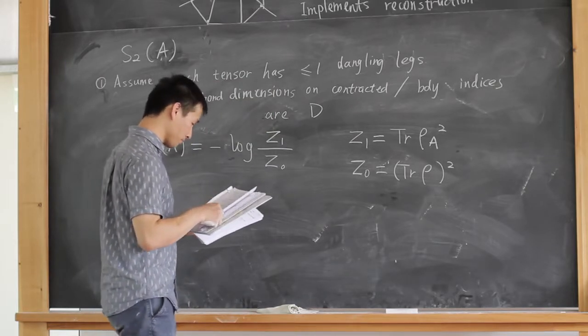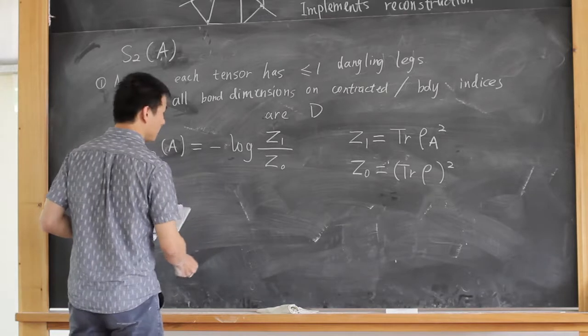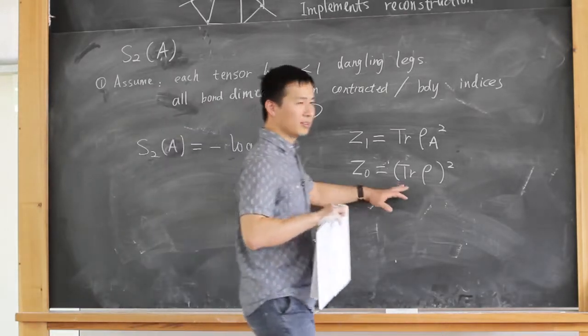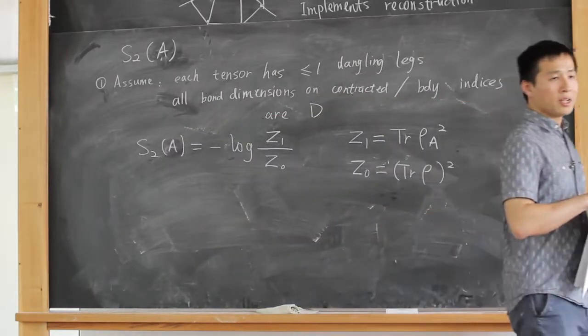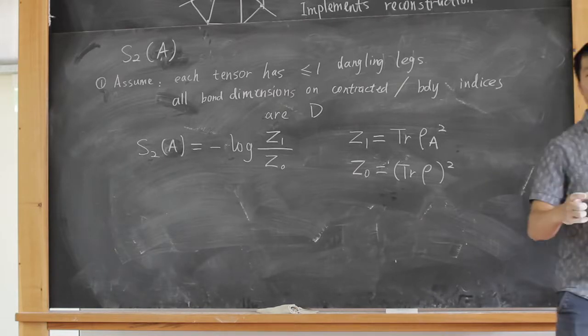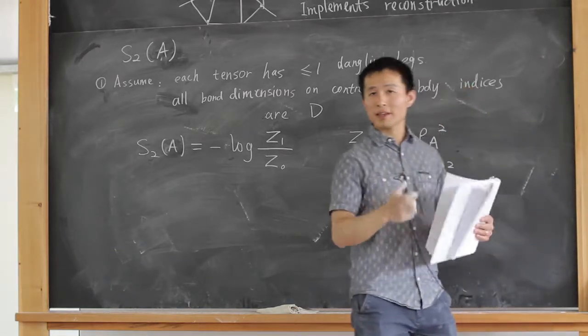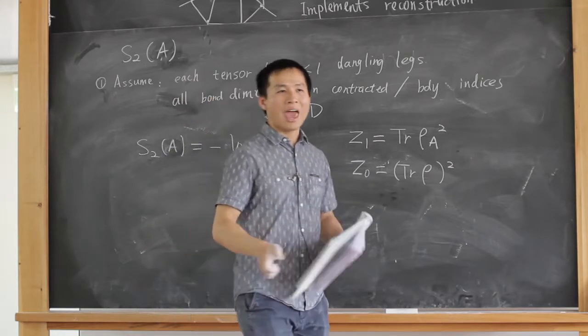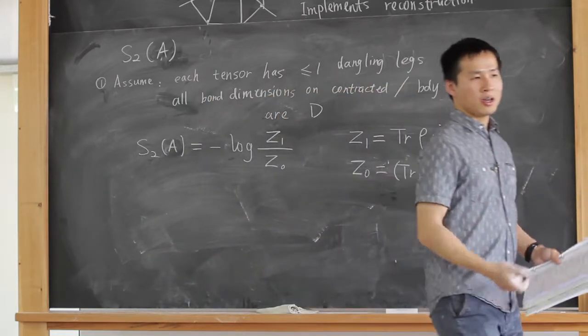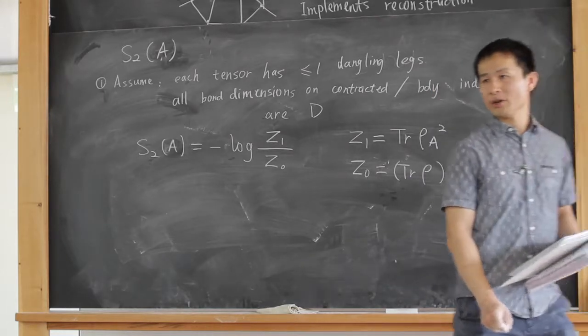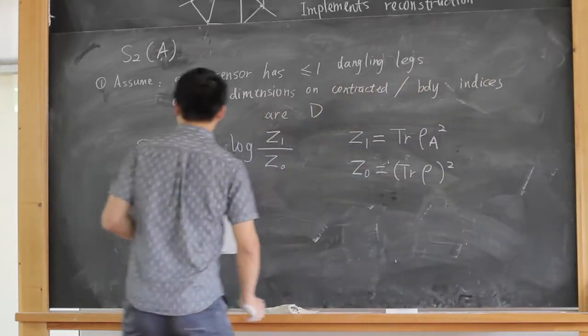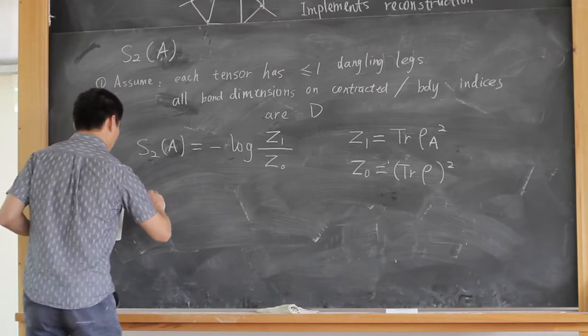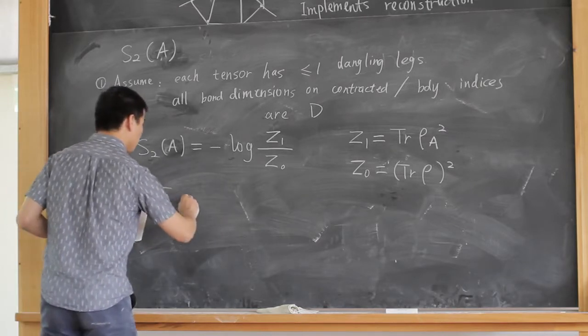The idea is that we want to calculate this not just for one specific realization of all the tensors. They're chosen randomly, so a specific realization will be complicated. But we want to average over the distribution that the tensors are drawn from. So we want to calculate the average of S2.